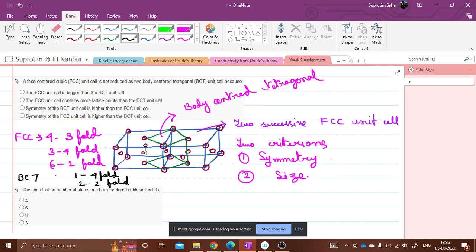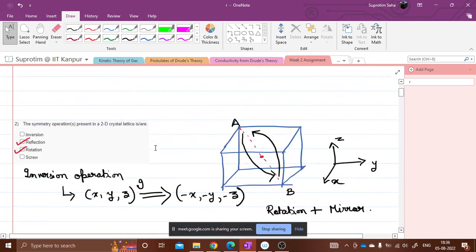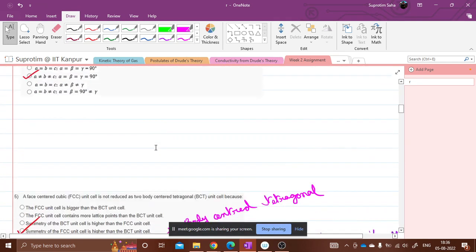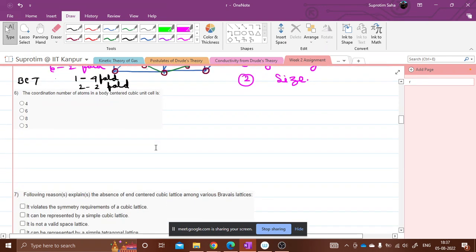So the question that was asked is that a face-centered cubic unit cell is not reduced to a body-centered tetragonal BCT unit cell because the symmetry of the FCC unit cell is higher than the BCT unit cell. So that would be your correct answer. So D is your correct answer. So we are done with 5 questions. All right. So that was that.